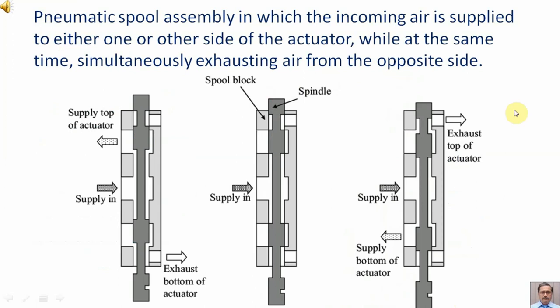Pneumatic spool assembly in which the incoming air is supplied to either one or other side of the actuator, while at the same time simultaneously exhausting air from the opposite side.